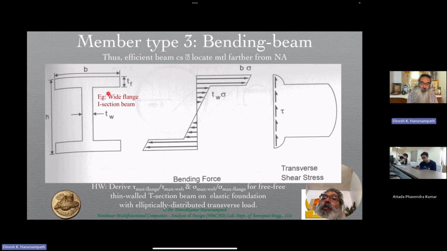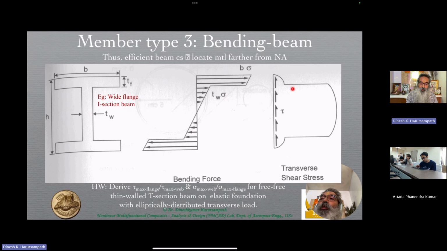But on the other hand, when we are pushing the material outboard, then we will have this kind of a thing. And once again, because of this, you would see that the web, that is this portion, hardly takes any bending. The flange is the one which takes all the bending stress, whether it is tension or compression.